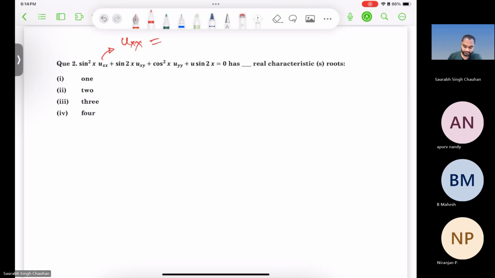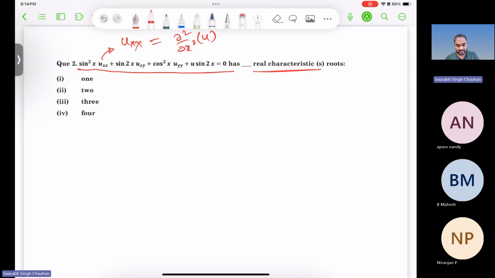So this is basically dou square by dou x square of u, and so on. So this is the equation, and it is asking how many real characteristic roots are there. B square minus 4c is coming to be 0.